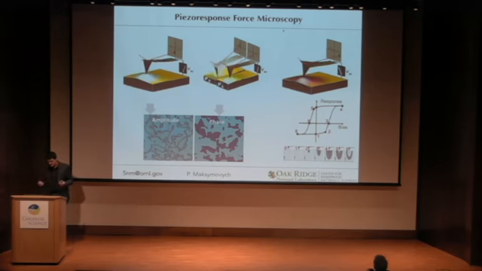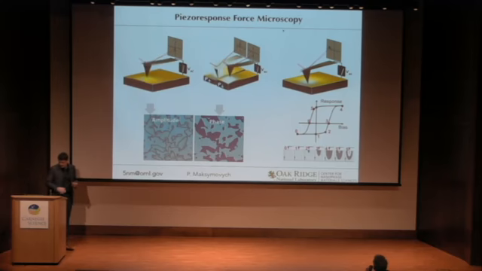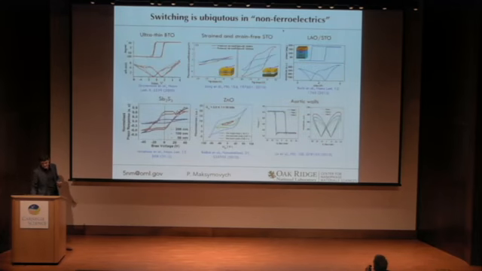Actually, PFM has been a very successful and fairly deterministic technique, with few questions asked, so to speak, until about 5 or 6 years ago, when this ferroelectric hysteresis loop started occurring in a whole range of materials, some of which are probably not ferroelectric.